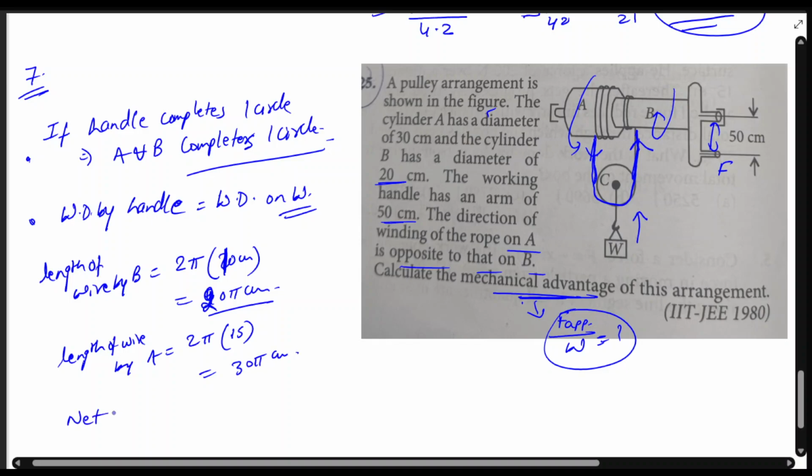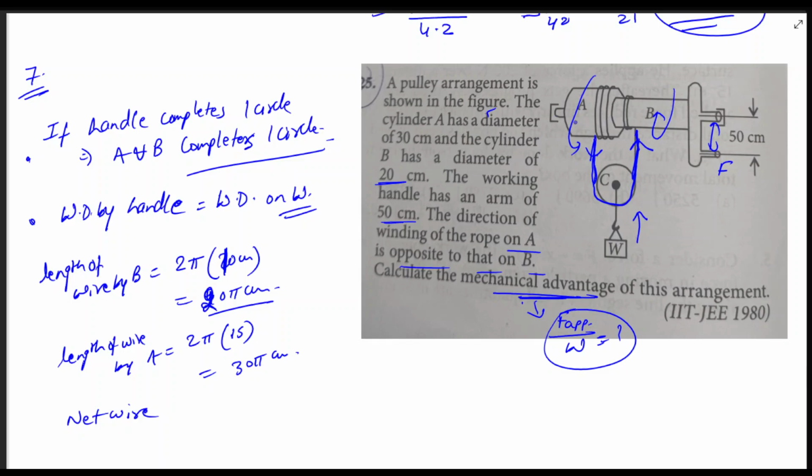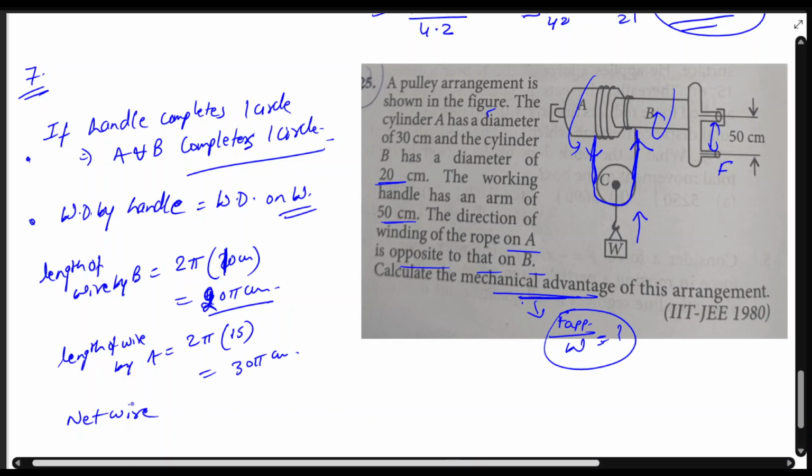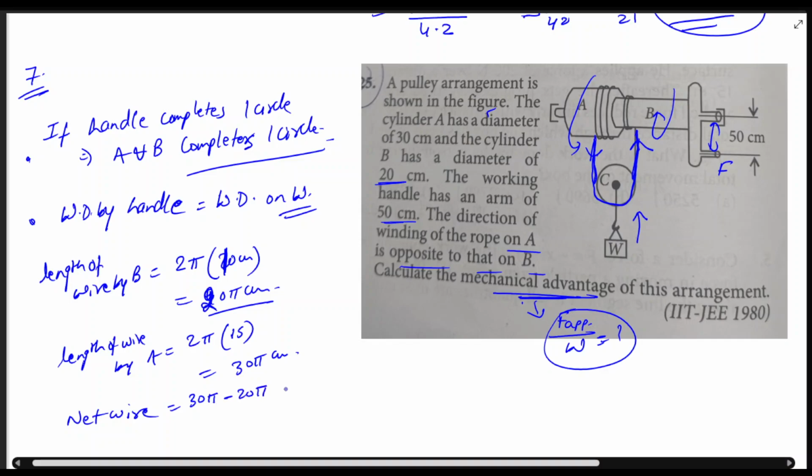So the net wire coiled around this arrangement will be 30 pi minus 20 pi. Everything is in centimeter, but still I'm mentioning the centimeter.